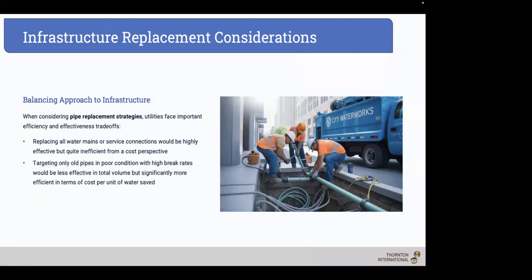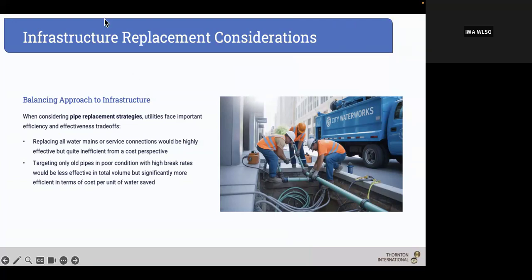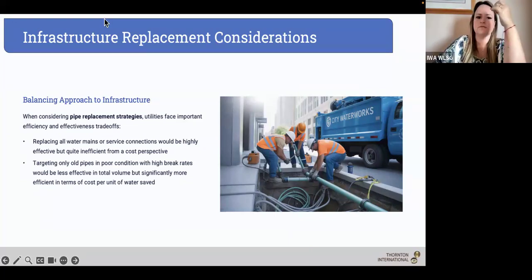We can replace all water mains or service connections. It would be highly effective, but quite inefficient from a cost perspective. If you target just the old pipes in poor conditions, with high break rates, it would be less effective in total volume, but significantly more efficient in terms of cost per unit of water saved.